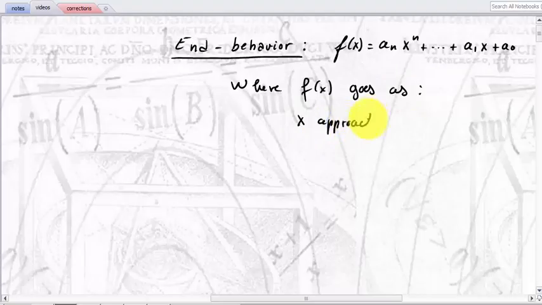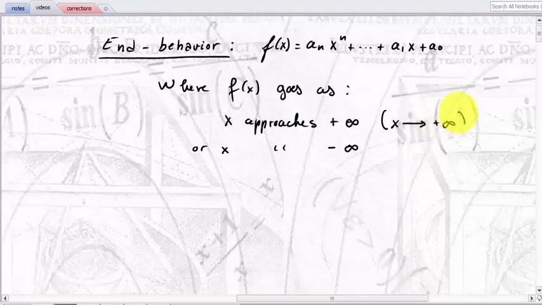Looking at the end behavior means we're going to be looking at where f of x goes as x approaches plus infinity, or x approaches negative infinity. We write it as x tends towards or approaches plus infinity, and x approaches negative infinity, we write it as x tends towards negative infinity.